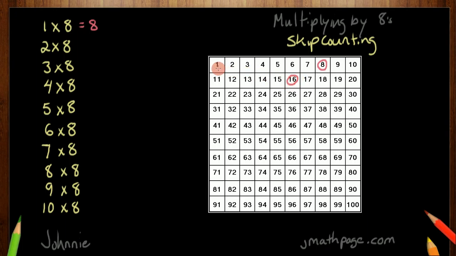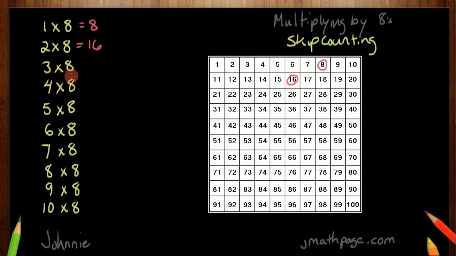So I've counted out 8 one time, and I've counted it out a second time. So I've skip counted by 8 2 times, and I've arrived at 16. So skip counting 8 2 times takes us to 16.